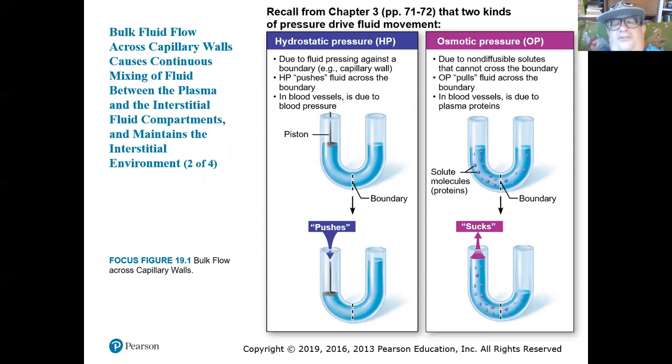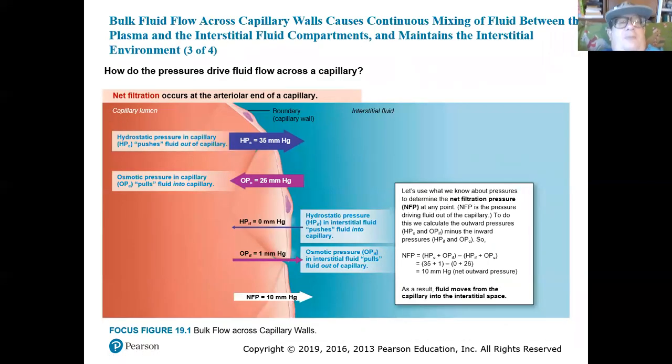And this is a nice illustration of what would happen in a U-shaped tube. But it's exactly what we said. It's easy to follow. All right, bulk flow of fluid across the capillary walls causes continuous mixing. That makes perfect sense. You can see that, just like we said, hydrostatic pressure in the capillary, big number.